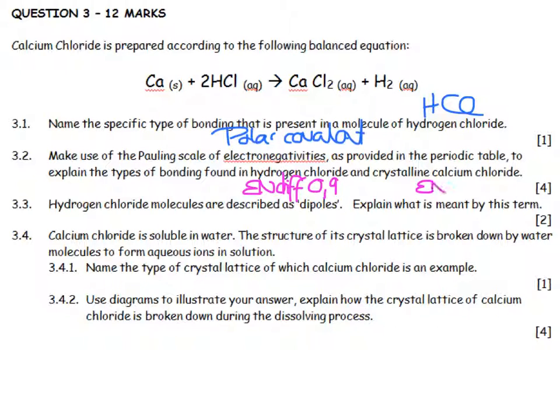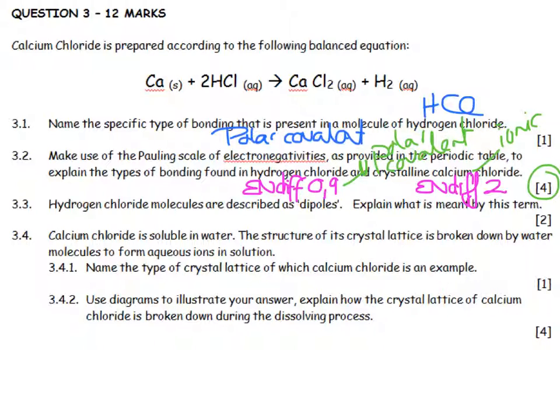The electronegativity difference in calcium chloride turns out to be 1 and 3, so it is a difference of 2, and therefore I have got over there a polar covalent, and over here I have an ionic. It seems a little repetitive, but it is the explanation that gets you the full 4 marks.